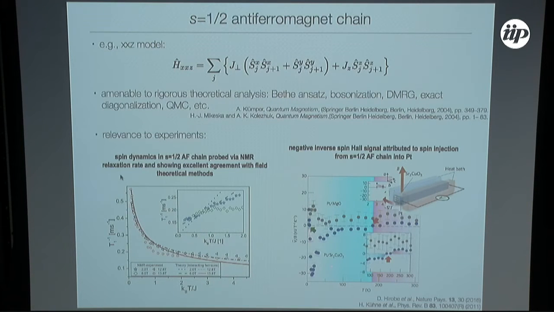Also, more recently, a year ago or so, there was a report of the spin-Seebeck effect in quantum spin chains. They attribute part of this inverse spin Hall voltage signal to a transport of spin excitations from the quantum spin chain into the platinum that's attached nearby under a thermal, temperature gradient.